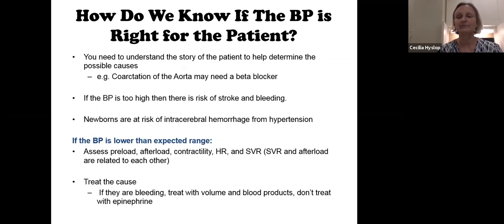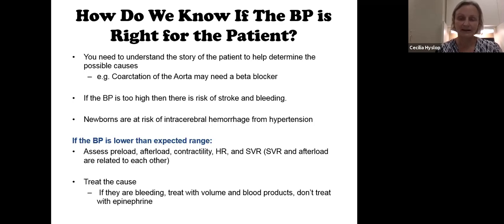So how do we know if the blood pressure is right for the patient? You need to understand the story of the patient to help determine the possible causes. So we always think of it in the context of this patient, not the previous one. Take tetralogy of Fallot, for instance. You're looking at tetralogy of Fallot in general and understanding the defect, but understanding this patient's defect. Do they have any residual shunts?